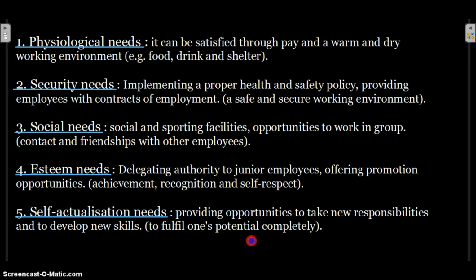They are more keen to learn new skills, develop new skills, take new responsibilities, and then just fulfill their own potential. That's basically your self-actualization needs, and this process is continuous and people keep learning. So you can't say that this need can be satisfied completely, but you need to provide opportunities so that these needs can be satisfied in order to motivate your employees.